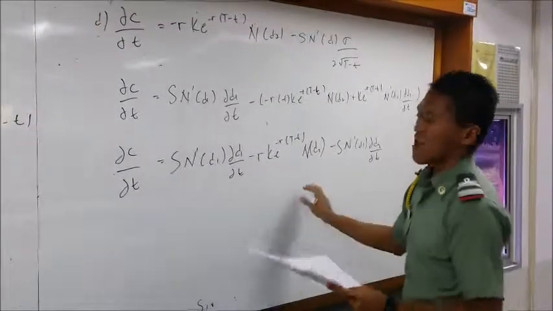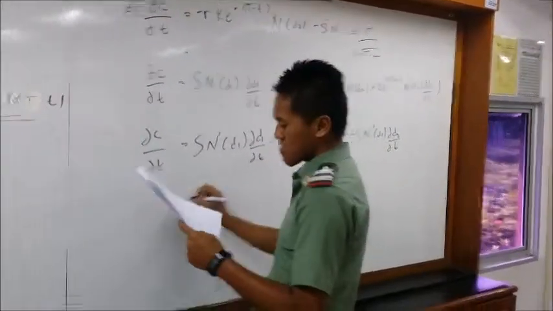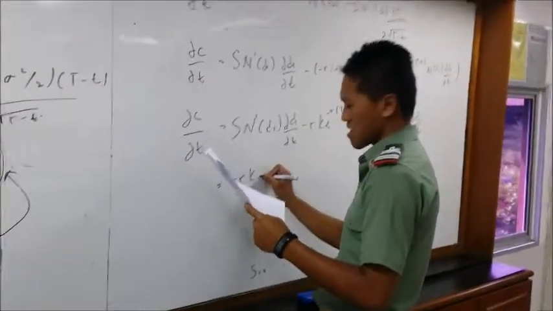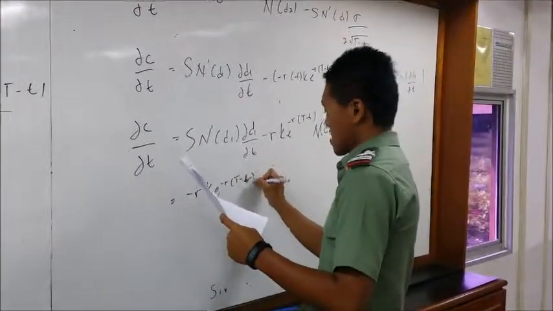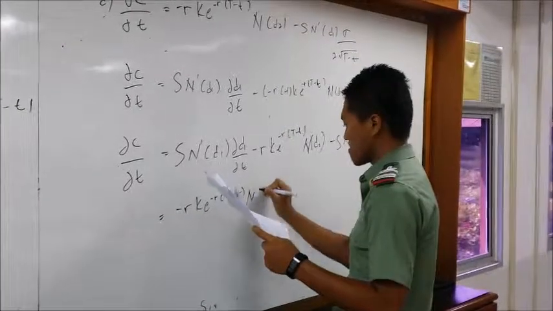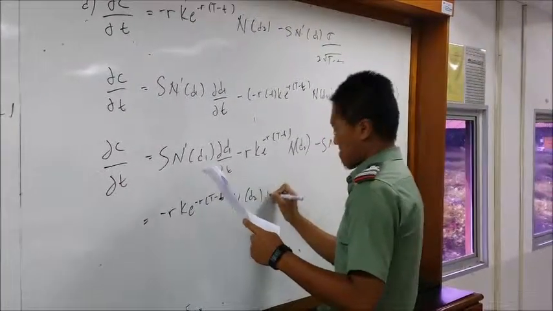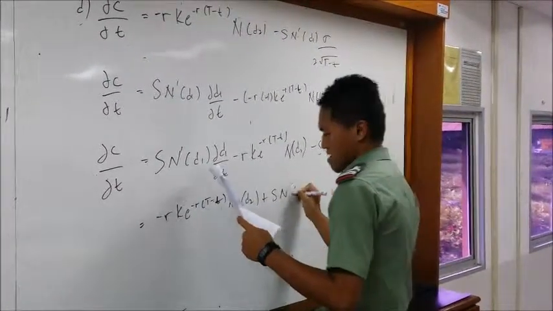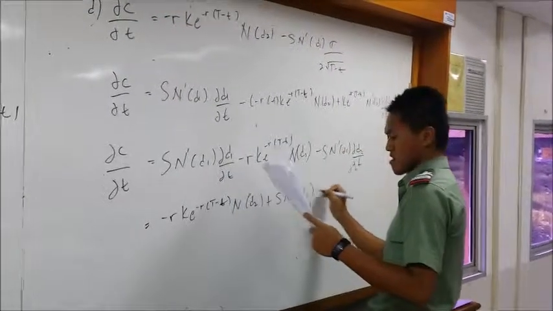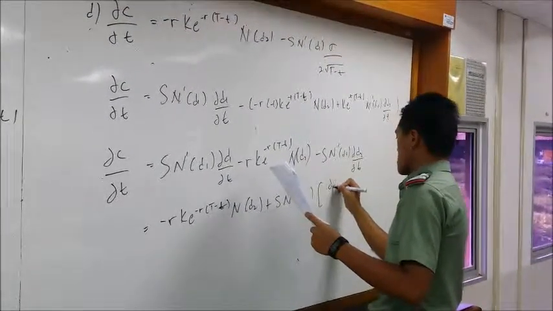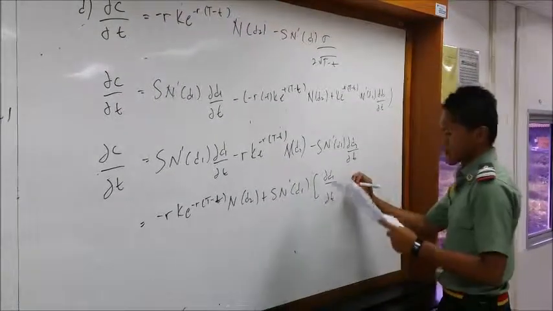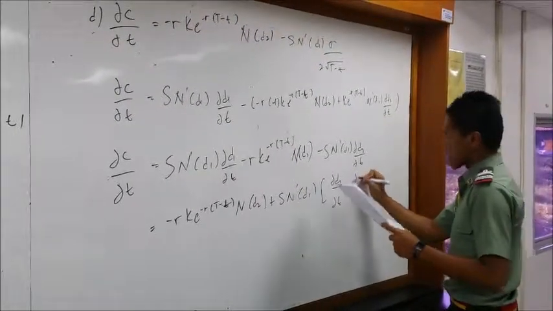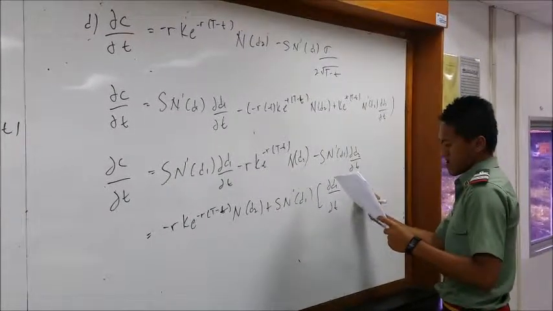Solve this until we factorize and get minus r K e^(−r(T−t)) N(d2) plus S N′(d1) times (∂d1/∂t − ∂d2/∂t). This just uses simple algebra, just factorize it.